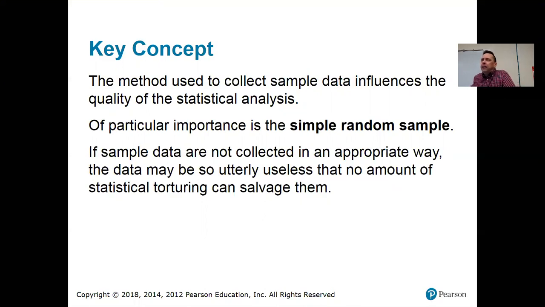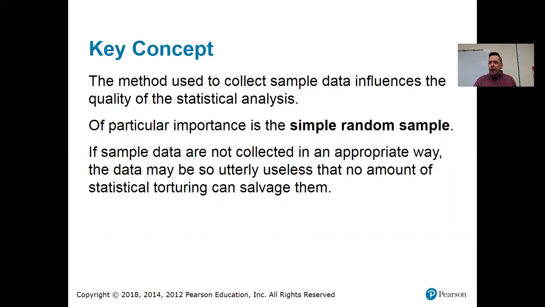Let's say that my population is 10,000 people and I want to choose 100 of them. Simple random means that any group of 100 people has just as much chance of being selected as any other group of 100 people. Okay? Totally random.